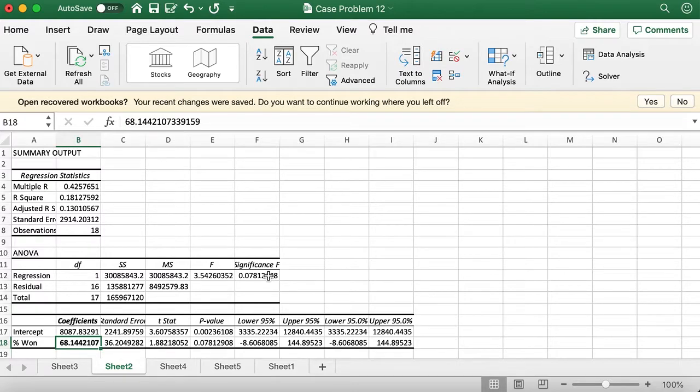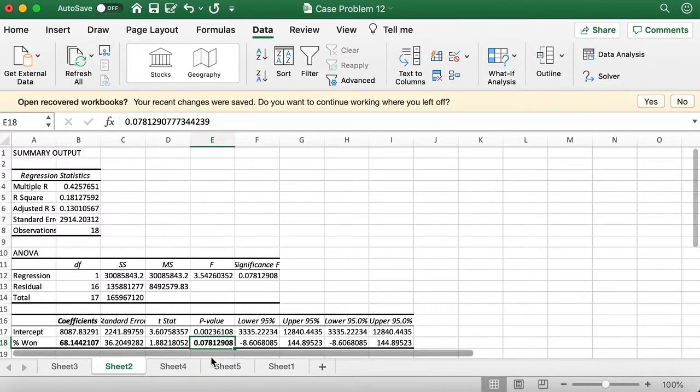However, whenever we look at this p-value, because it's greater than 0.05, that means this relationship is non-significant. So there's a non-significant relationship between the percentage of games won and the amount of sales that were conducted in that season.